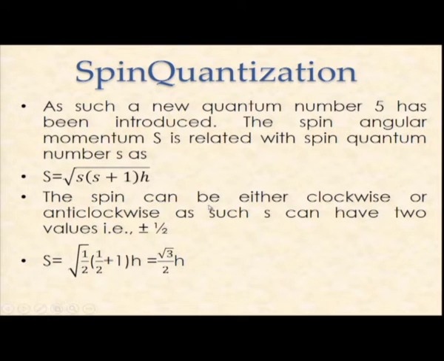The spin can be either clockwise or anti-clockwise, either up spin or down spin. So it can take values plus half or minus half. So S is equal to root 3 by 2 into ħ. This is the total spin angular momentum value for an electron.